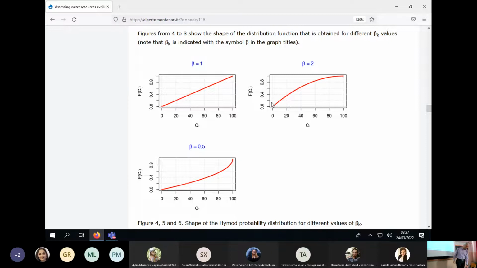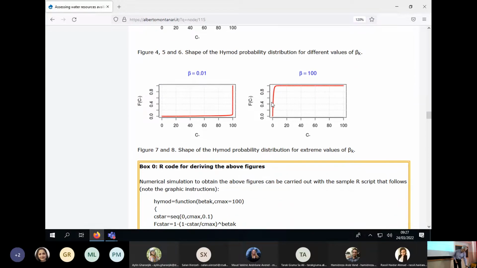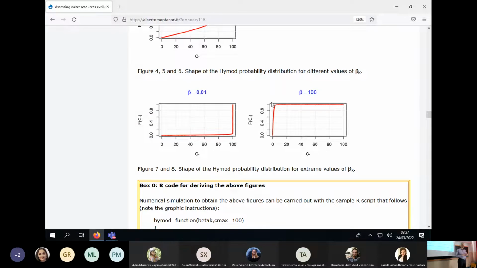What happens if beta is approaching infinity, and what happens if beta is approaching 0? If beta tends to infinity, then for increasing C star the fraction goes immediately to 1.